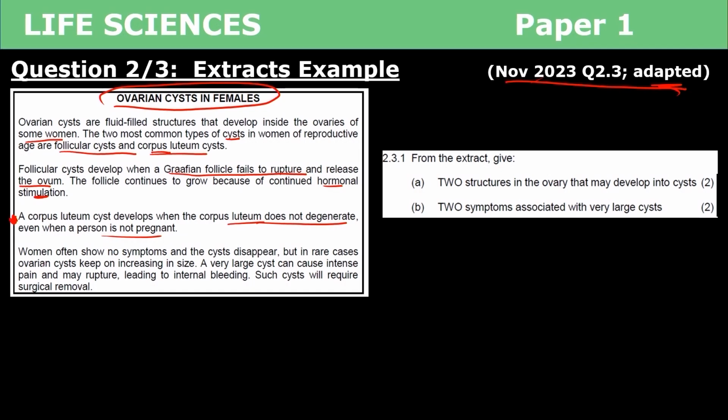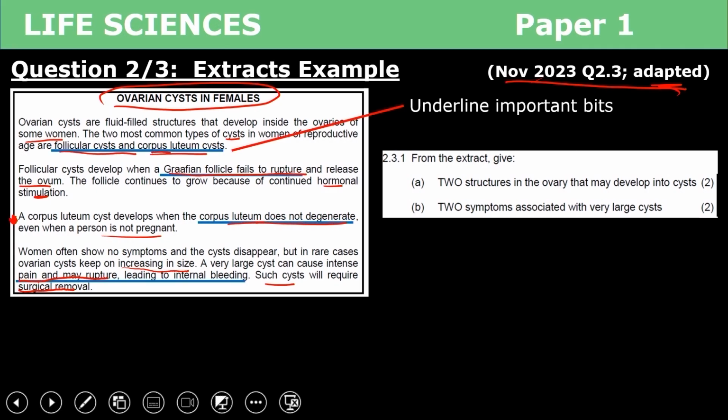But in rare cases, the ovarian cyst keeps on increasing in size. A very large cyst can cause intense pain and may rupture, leading to internal bleeding. Such cysts will require surgical removal. So there's quite a lot of important information here, right?